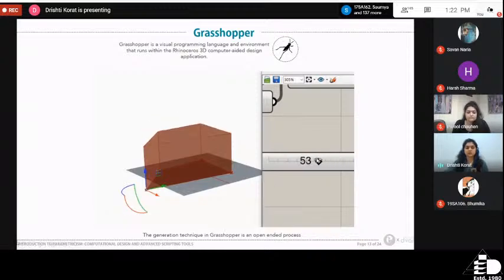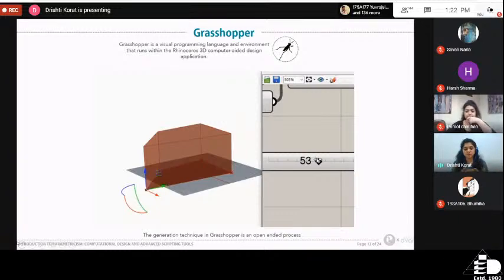So there is this crucial shift between how we model or how we approach. Rhino, SketchUp, ArchiCAD, all of these are geometry-based modeling tools where you have to physically or manually make geometries. But Grasshopper is the shift from geometry to logic, where you code a logic, and that logic in turn makes the geometry for you.